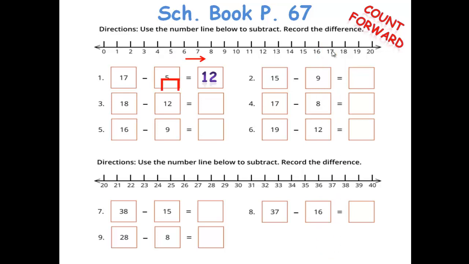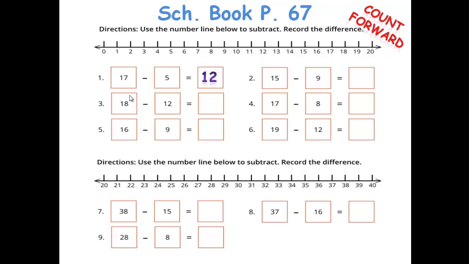Okay, let's do number 2. I'm going to walk by column. So I'm going to be here, with number 3. So 18 minus 12. According to the counting forward strategy, what number should I start with?